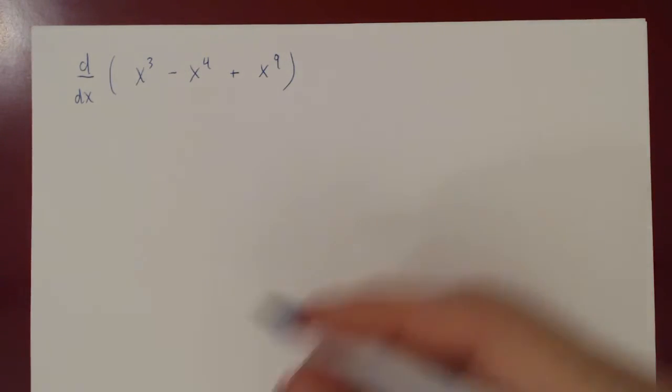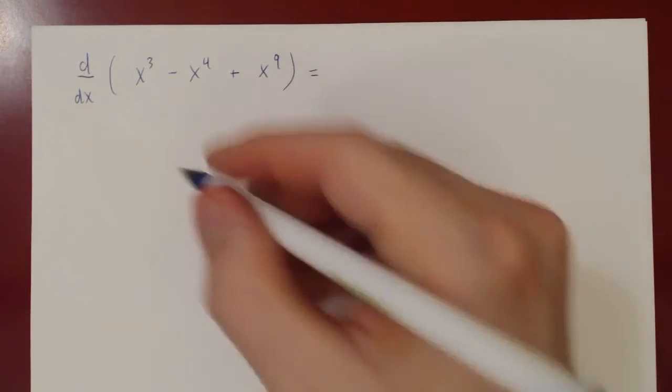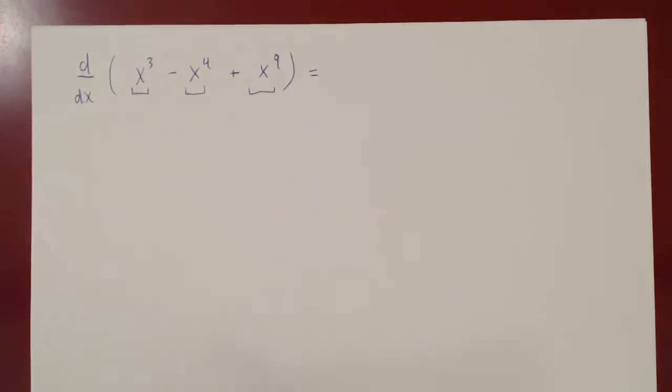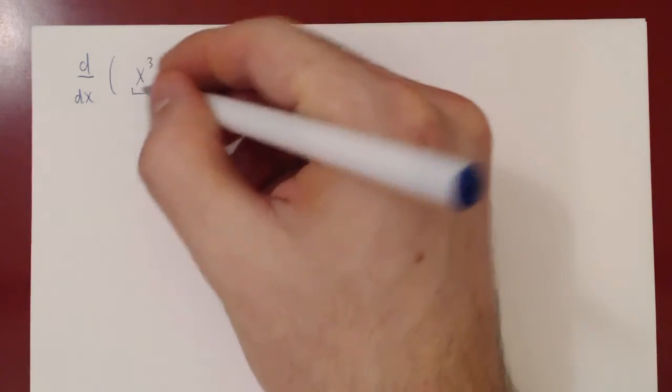Well, we look for the derivative of a sum of three functions, this function minus this function plus this function, and the derivative of a sum or a difference of functions is the sum and difference of the individual derivatives. So, we first differentiate x cubed.